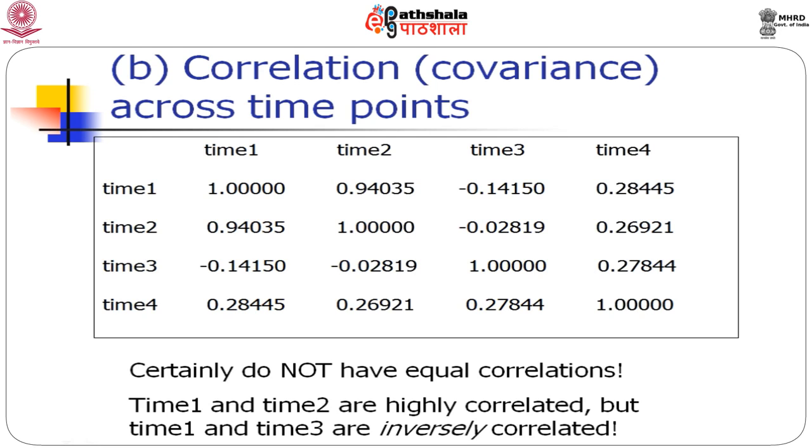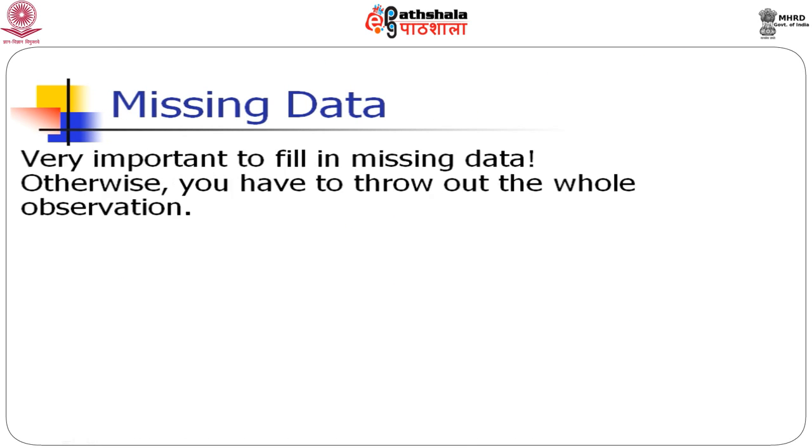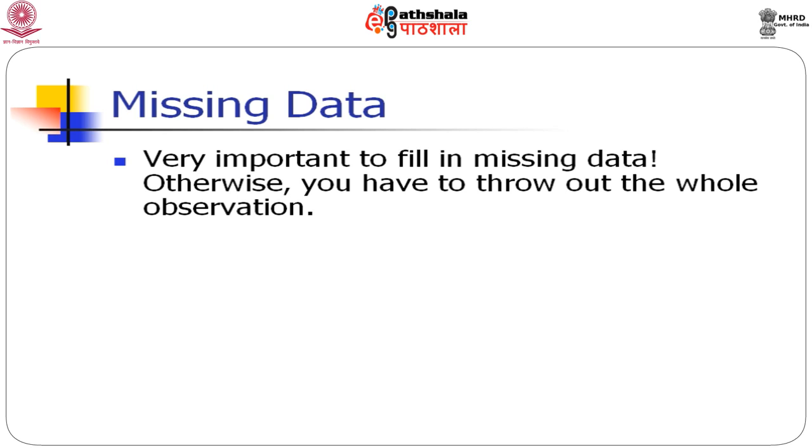Let me talk a little bit about the missing data. As I said, if time permits, we will go for a more general discussion on missing data. If some of the observations are missing in the longitudinal data, we just try to fill in.